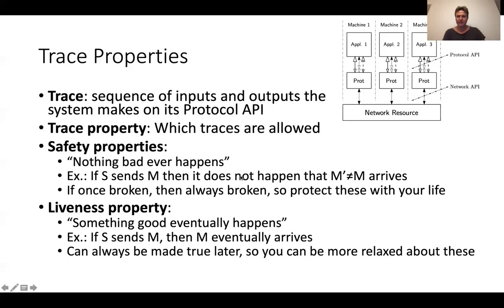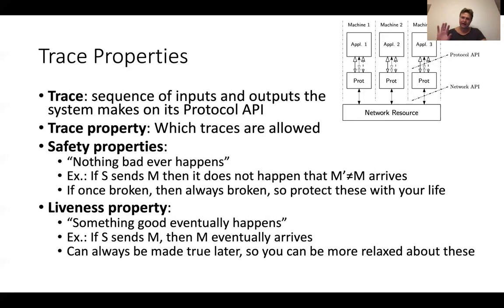Look at this example here. If it happens ever that a message was sent and a different message delivered, well, that is the case now until eternity. You cannot come back and delete the fact that a different message was sent. So that's an example of a safety property. Everything is good to begin with, and then when it's bad, you can never repair it.